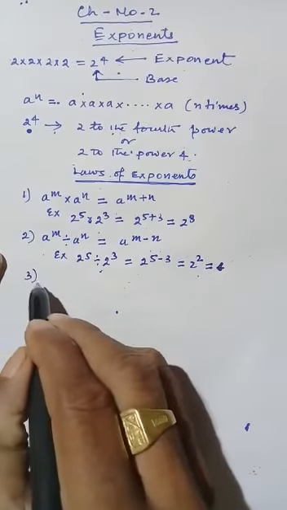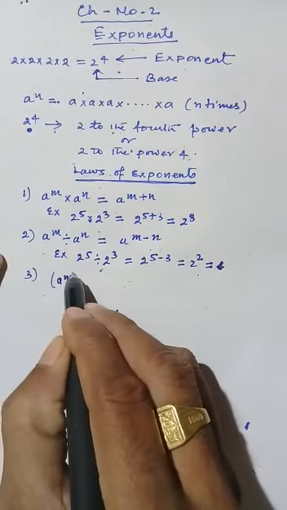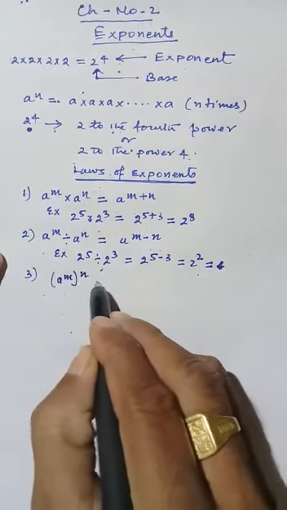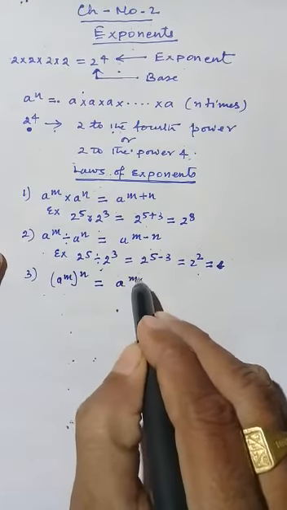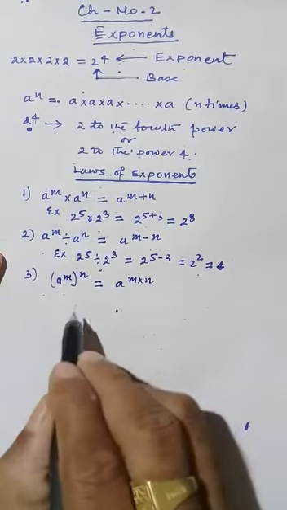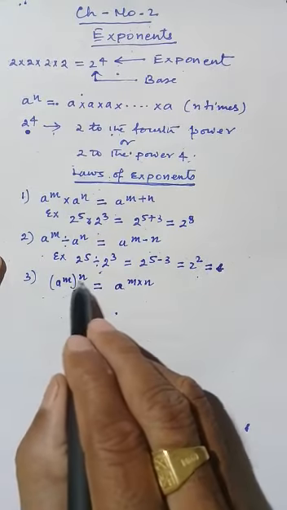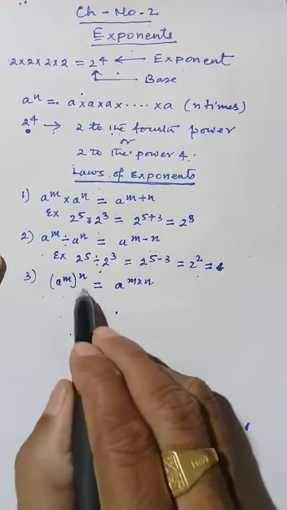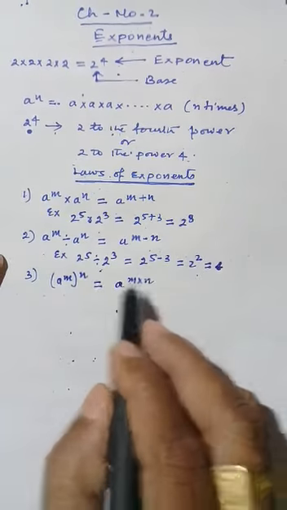Third law: a to the power m, whole to the power n, is equal to a to the power m into n. Now see, if a power of an exponent is given, then the powers should be multiplied.